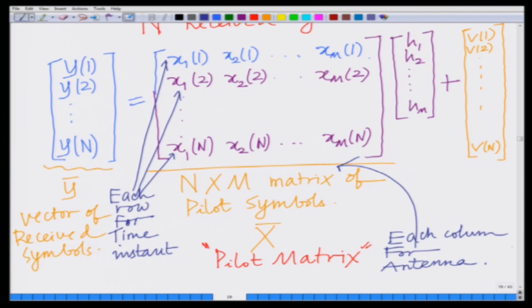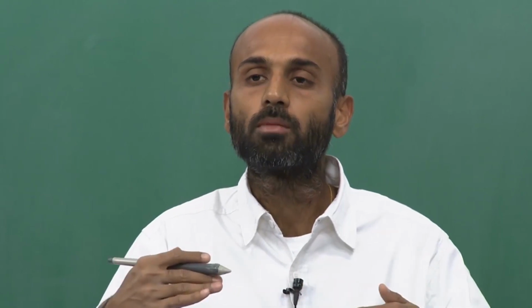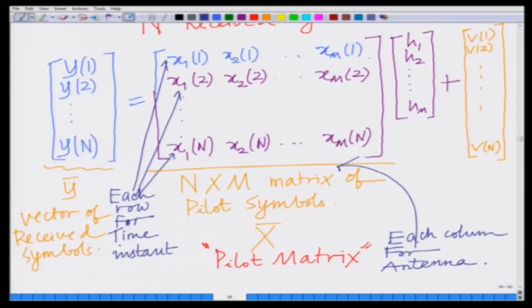So, for instance, at time instant 2, the row is basically x12, x22, so on xm2, which means that x22 is basically the symbol transmitted from transmit antenna 2 at time instant 2, and so on until xm2, which is basically the symbol transmitted from transmit antenna m at time instant 2.